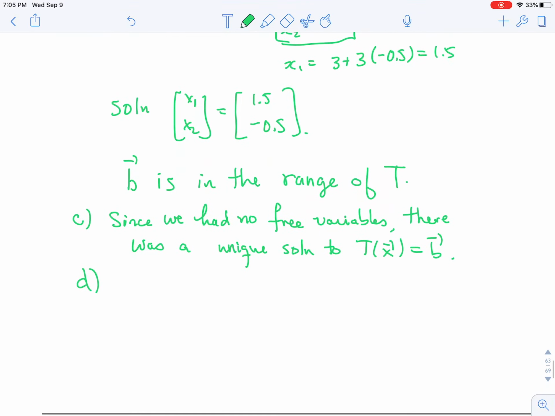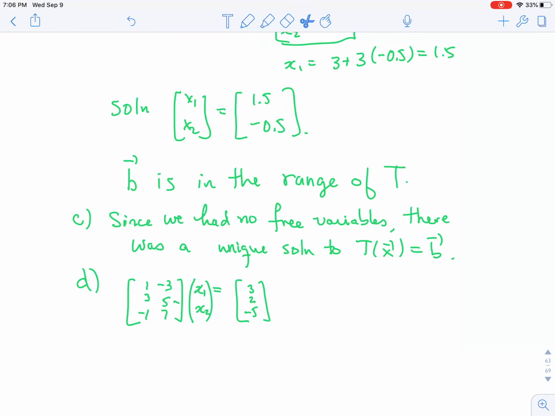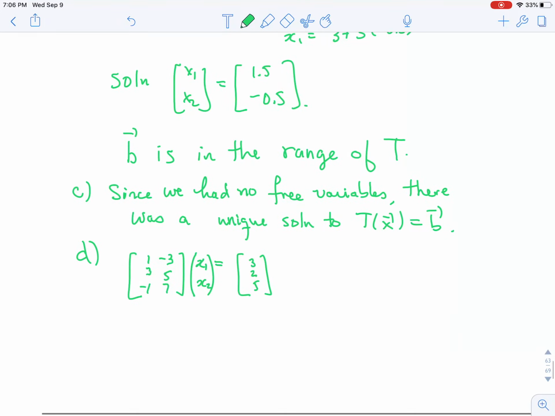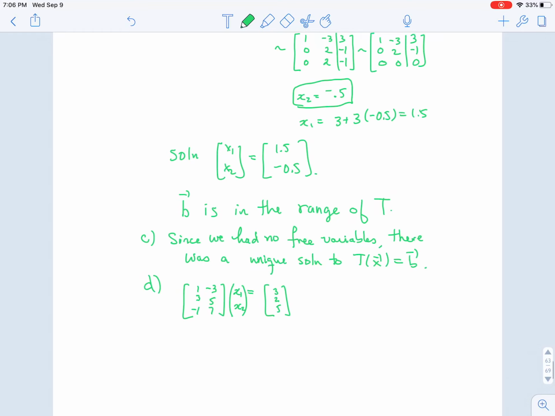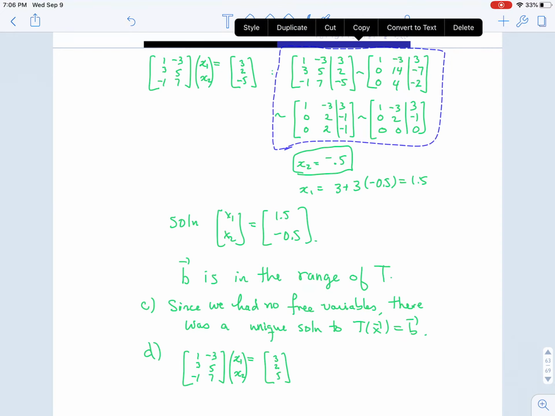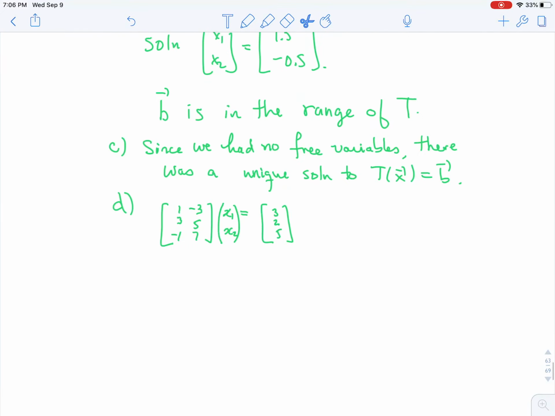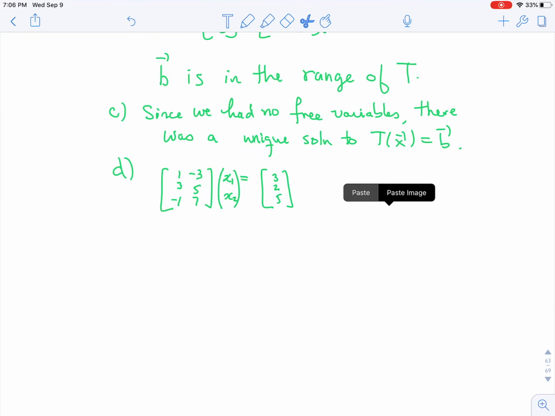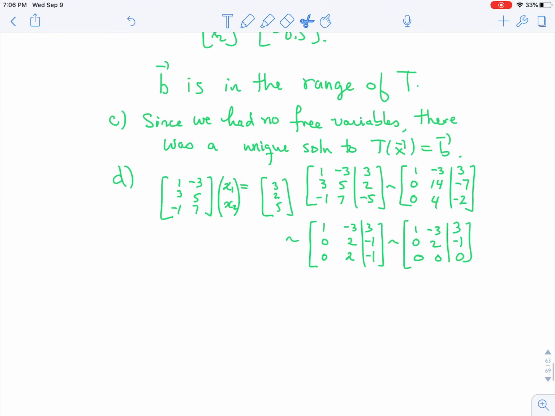So I'm just going to take the same setup that we had here, copy it down, and change this minus sign to a plus sign. Now when I solve this system, everything is the same as before, so I can save all of my work. The only thing that's going to be different is that instead of that -5, we're going to get a +5.